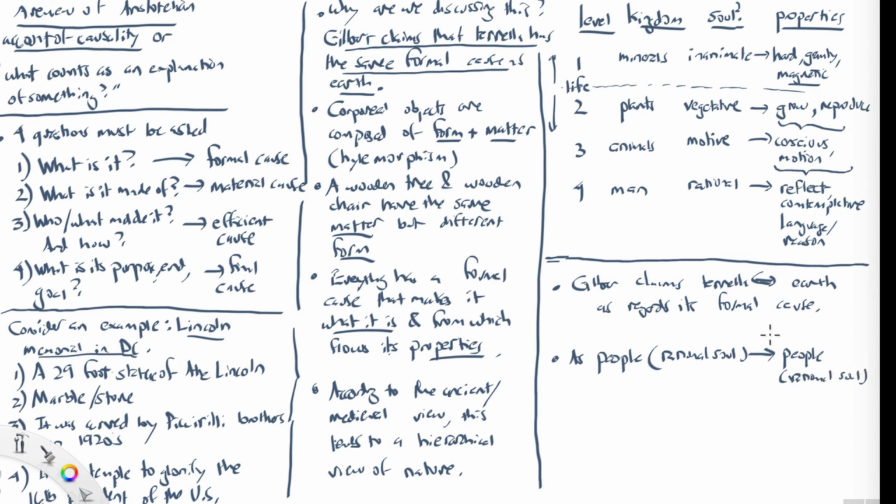Okay, they can reproduce. Okay, so too the earth, which has a special form that is unique to it, can give rise to terrellas or lodestones, rocks, that also have the same form or formal cause. That is, they share the same properties of the earth by virtue of sharing the form of the earth. Okay, and that is how Gilbert is thinking about this.